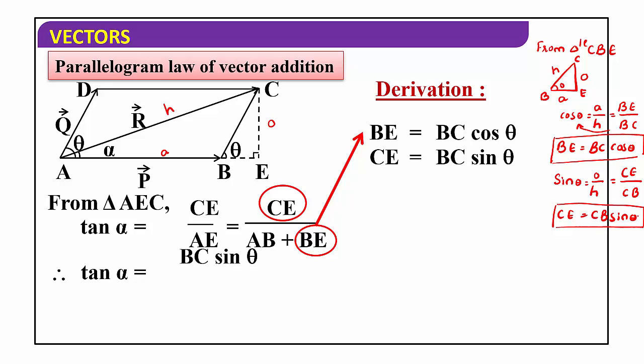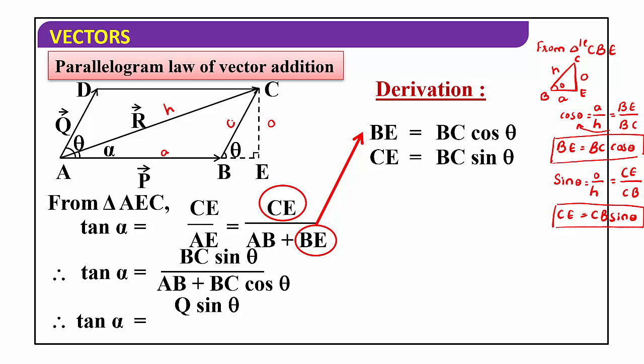Tan alpha equal to, what is the value of CE? CE equal to BC sin theta divided by AB, keep as it is. In place of BE, we can write BC cos theta. So therefore, tan alpha equal to, what is the value of BC? Vector BC is equal to vector Q, because AD and BC both are parallel to each other.